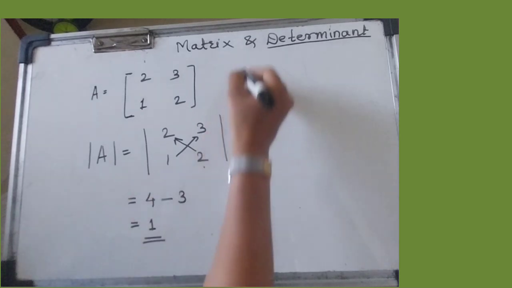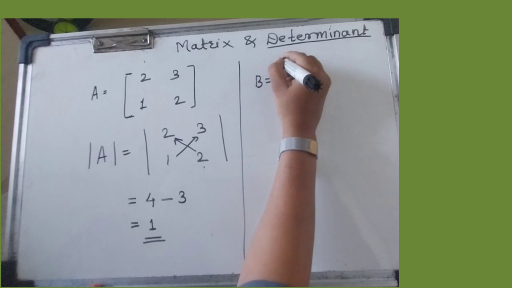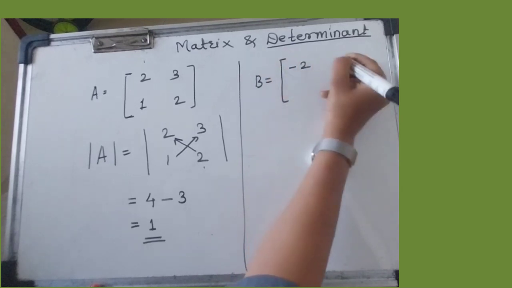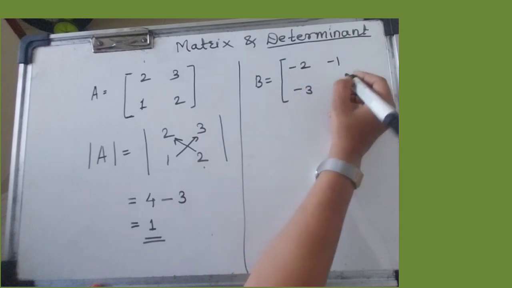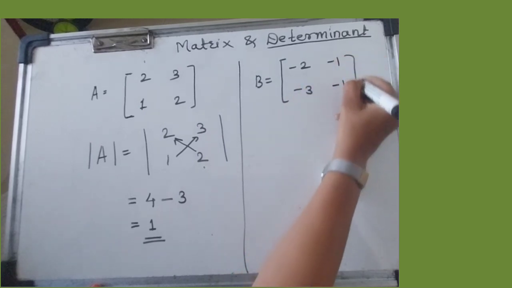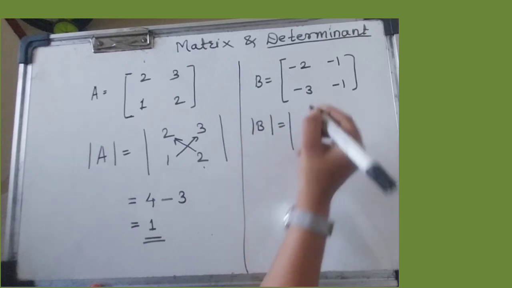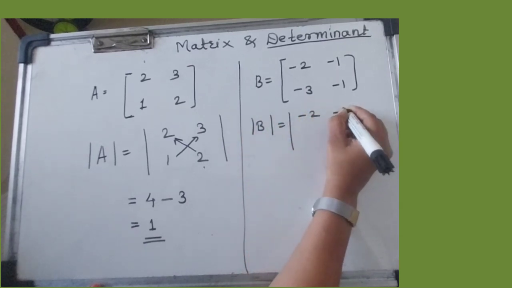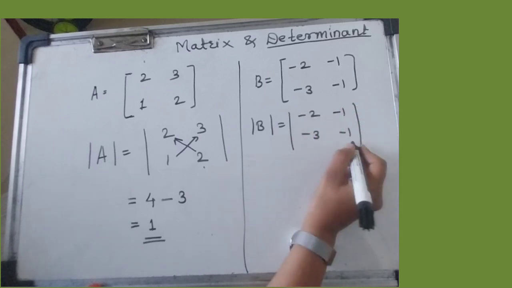Again I'll take one example. Suppose B matrix. B matrix is minus 2, minus 1, minus 3, and here minus 1. Okay. Determinant B is, elements are same, only symbol is changed. Minus 2, minus 1, minus 3, minus 1. Clear? Start from here.